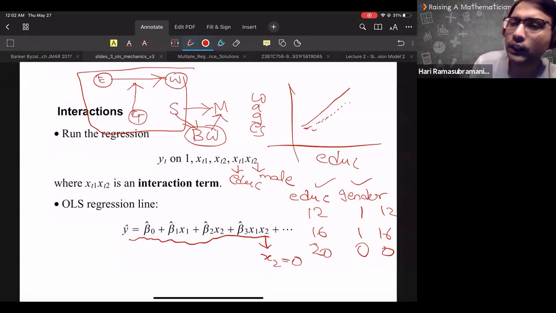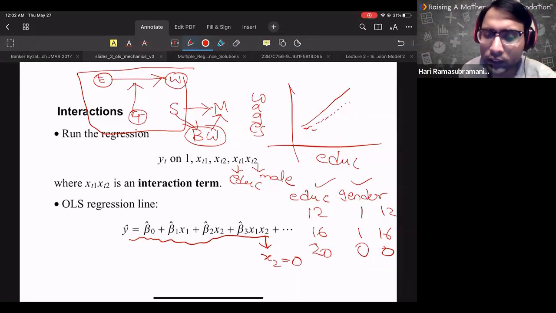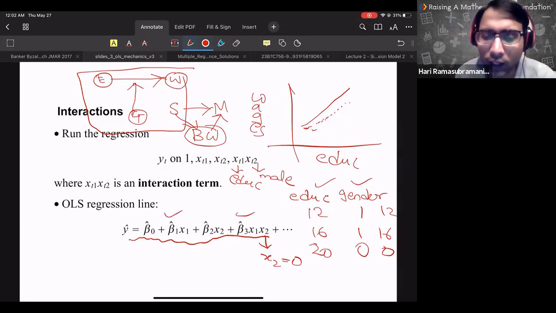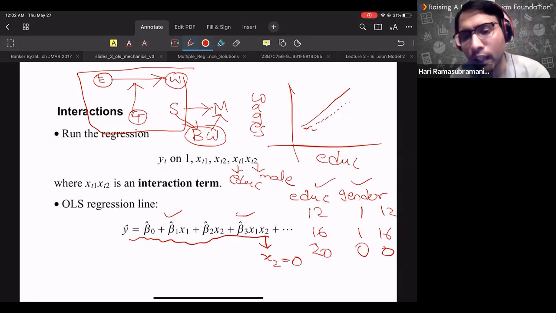Why when x2 is 0? Because if x2 is not 0, then the effect of education is not just beta 1 hat, but it will also be impacted by beta 3 hat. I repeat, if you don't hold x2 to be 0, then your effect of education on wages is not just beta 1 hat, but it will also have a component of beta 3 hat.